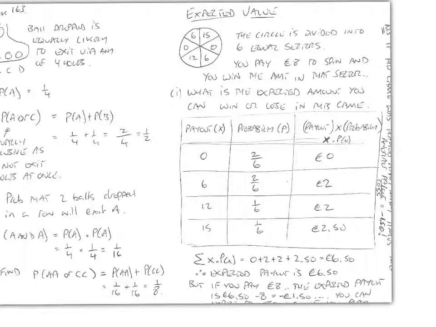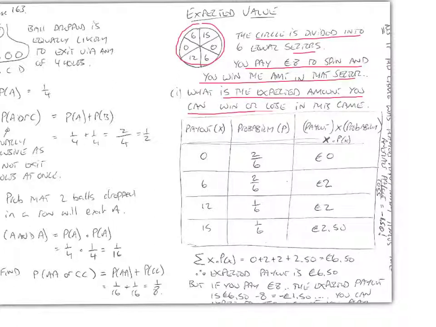So now we're going to look at this notion of expected value. We have a spinner here, and the spinner or circle is divided into 6 equal sectors. You pay €8 to spin, and you win the amount in the sector. What is the expected amount you can win or lose in this game? The way we do this is we look at the different payouts: 0, 6, 12, and 15.